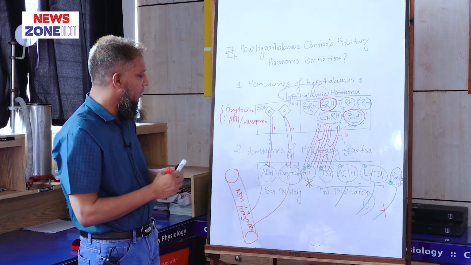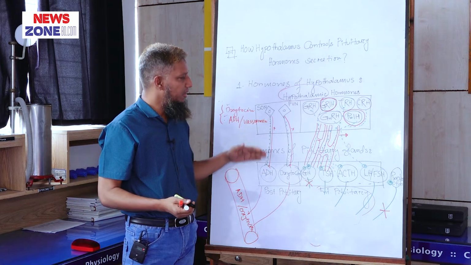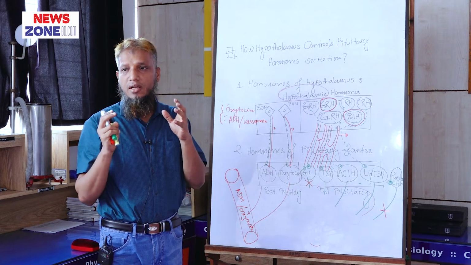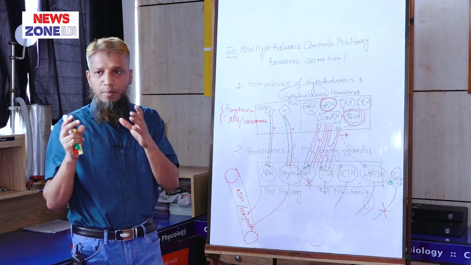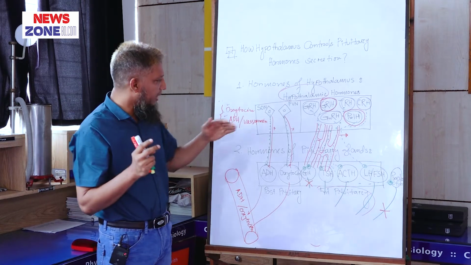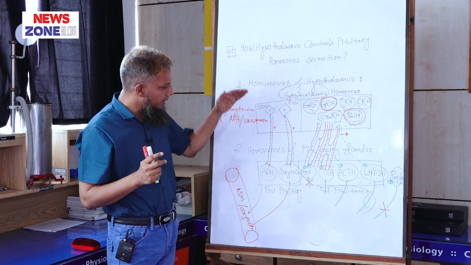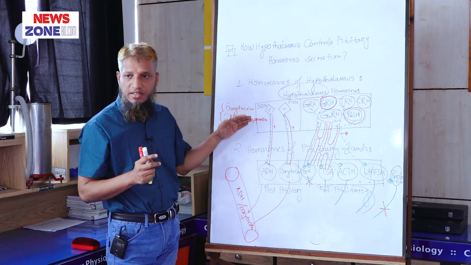That means the hypothalamus and posterior pituitary connect with each other by a nervous connection, which is called a tract. Okay, a bundle of nerve fibers is called a tract. This tract connects the hypothalamus and posterior pituitary, and this tract is known as the hypothalamo-hypophyseal tract.